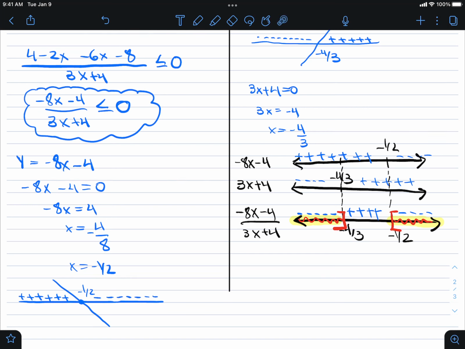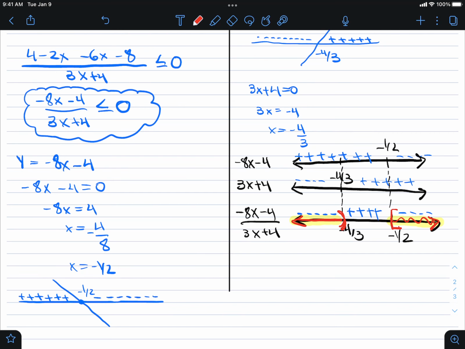But in fact, I cannot include the negative 4/3, because that would make the bottom of the fraction 0, and that's not allowed. So the solution instead will be closed in here, and then here open with parentheses. So not including the 4/3, and yes, including the negative 1/2.